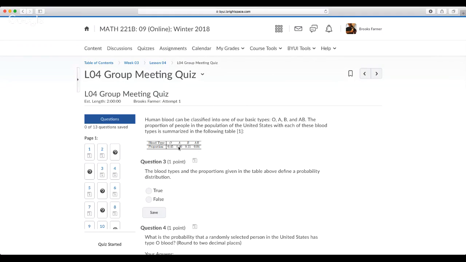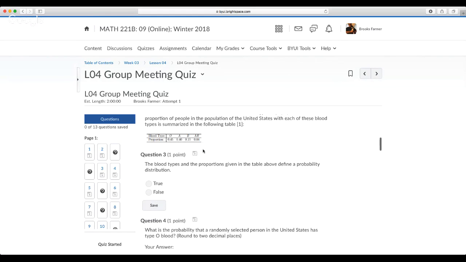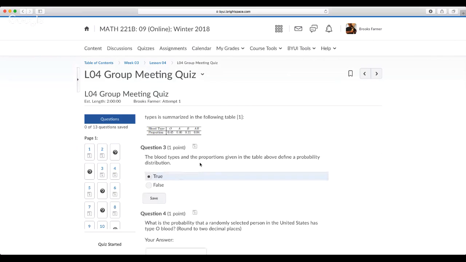So what you're asking is, do these proportions add up to 1? I believe they do. They add up to 100 percent, unless my math's wrong. That's the definition of a probability distribution: all the proportions add up to 1. So I believe it's true.